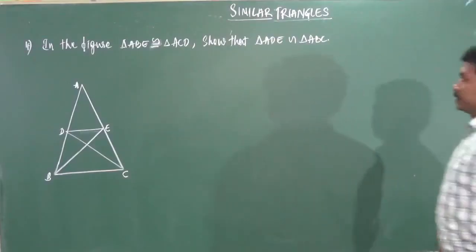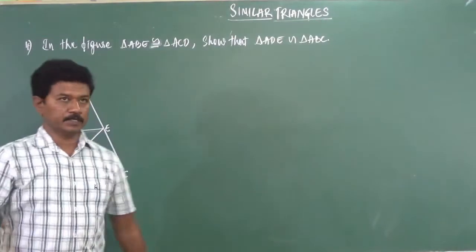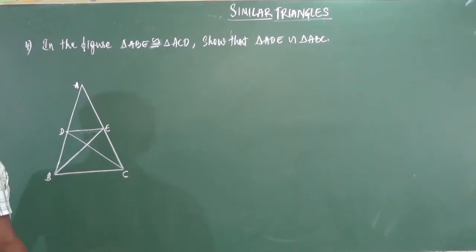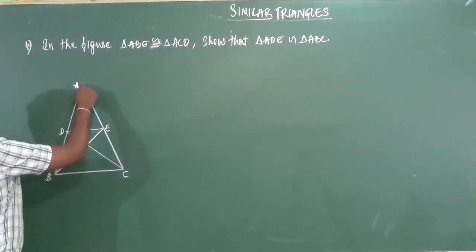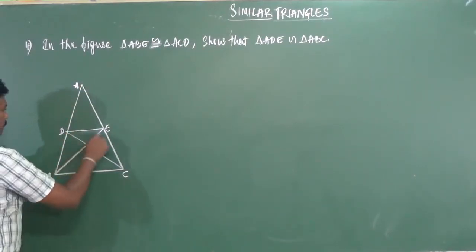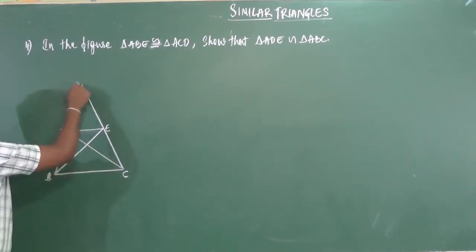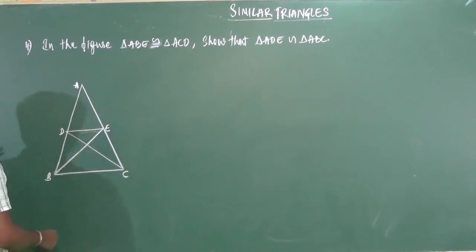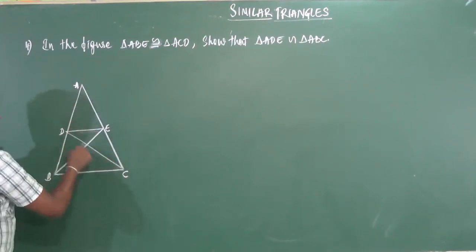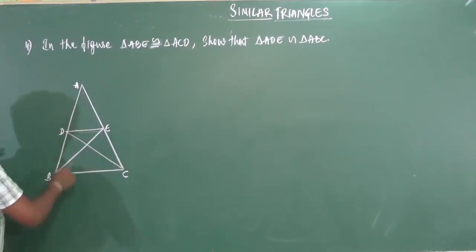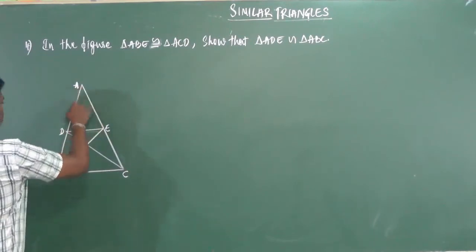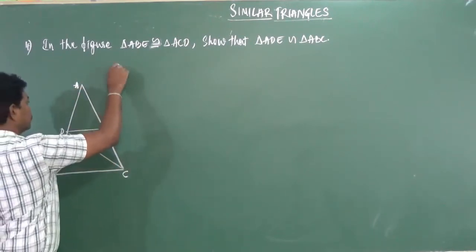Okay, so now we'll go with the 4th problem. Very important, 2 marks. In the figure, triangle ABE is congruent to triangle ACD. So let us go with the data.